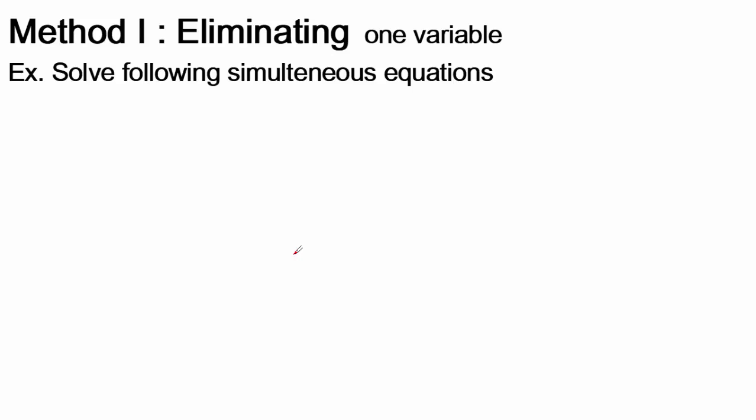How to solve these two equations? There are a lot of methods for solving them. We shall see the first method, eliminating one variable. We shall learn this method by solving one problem. The problem is: solve the following simultaneous equations, 5x minus 3y equal to 8 and 3x plus y equal to 2.